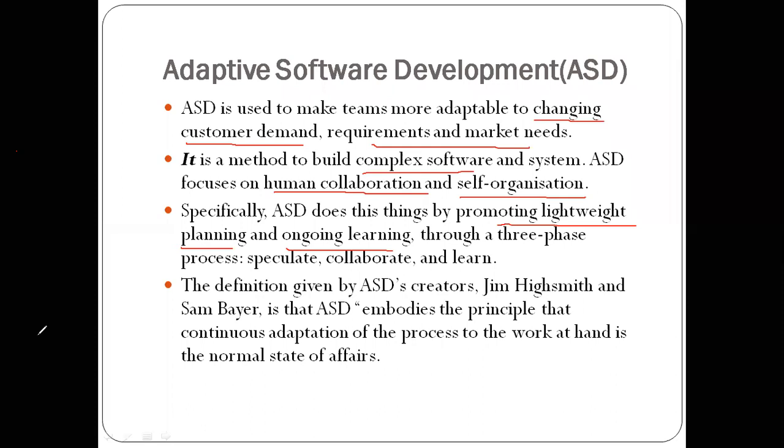According to the situation, there is a need to learn something to fulfill the requirements of that particular project. You should be ready to do that also, and not escape such things. So this is called ongoing learning here. This adaptive software development has three phases.